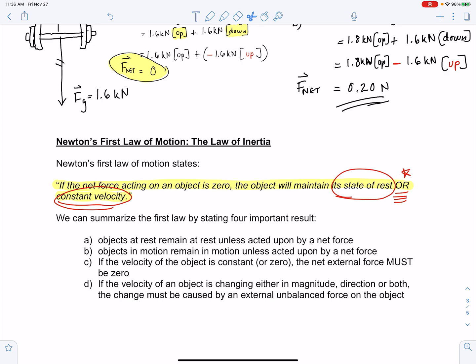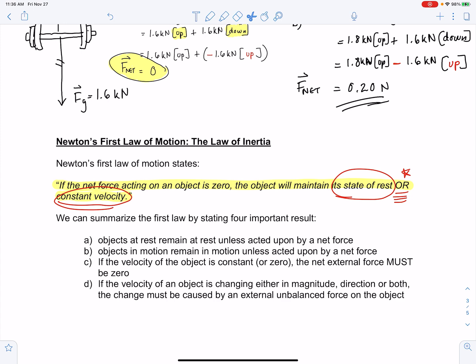Okay, let's summarize Newton's first law of motion. If the net force acting on an object is zero, the object will remain in its state of rest or in a state of constant velocity. We can summarize the first law by stating four important results. Letter A, objects at rest remain at rest unless acted upon by a net force.